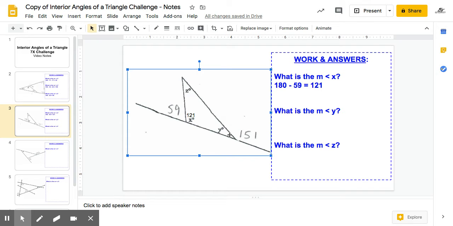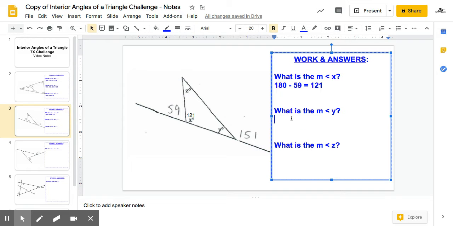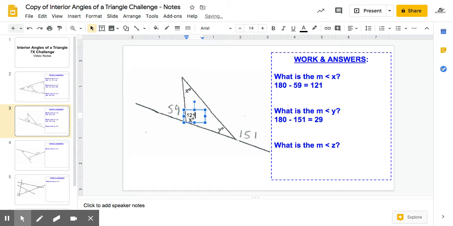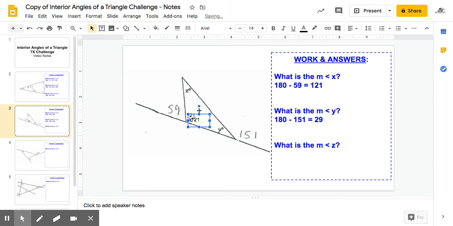This 151-degree angle and angle Y are also supplementary because they are on a straight line. So together they have to add to be 180 degrees. So I can find the measure of angle Y by subtracting 180 minus 151, which gives us 29. So the measure of angle Y is equal to 29 degrees.